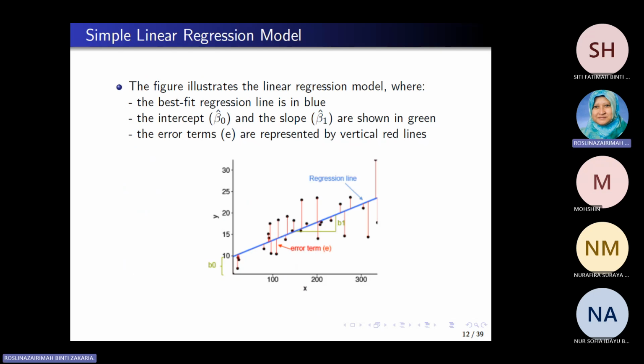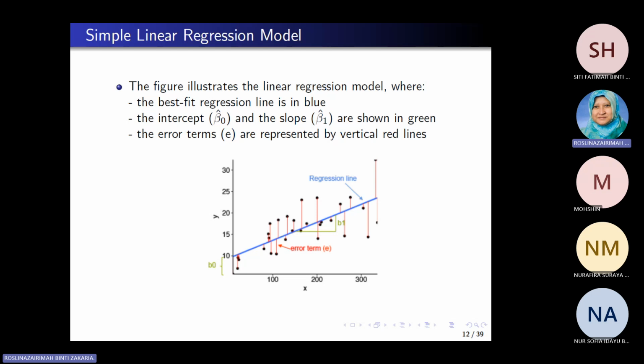This is an illustration. The black dots are the actual or observed values, and the blue line is the predicted model. Actually, the line is not there; it is just an imaginary line.